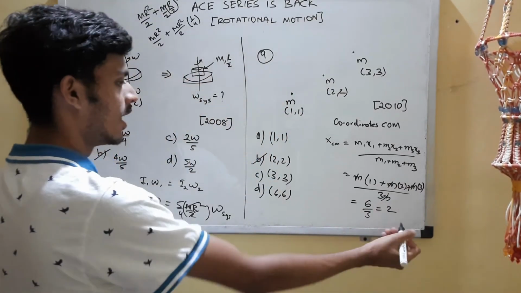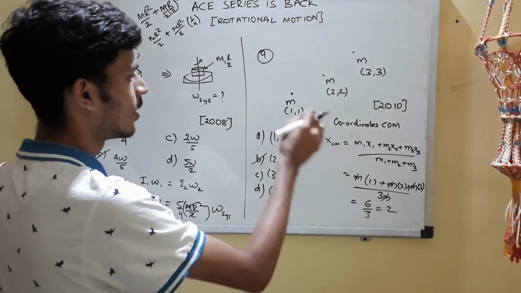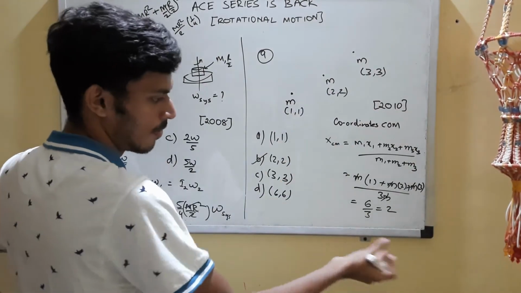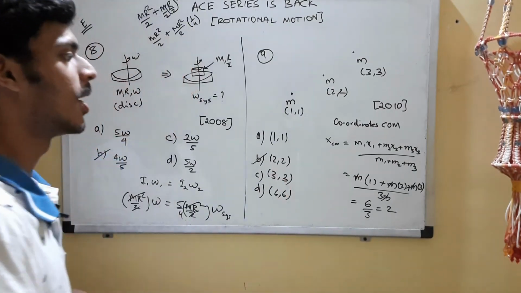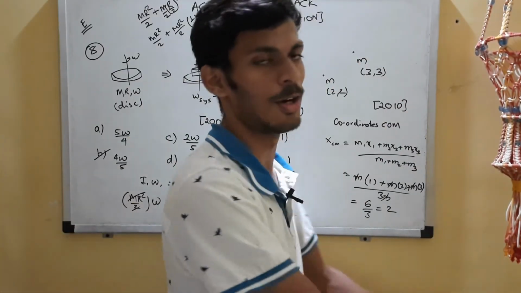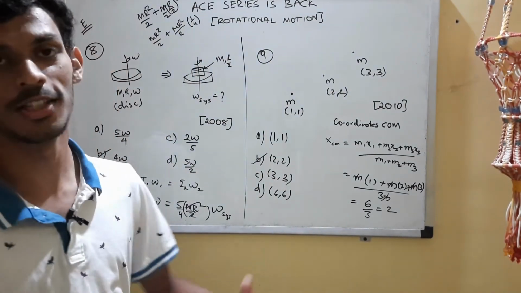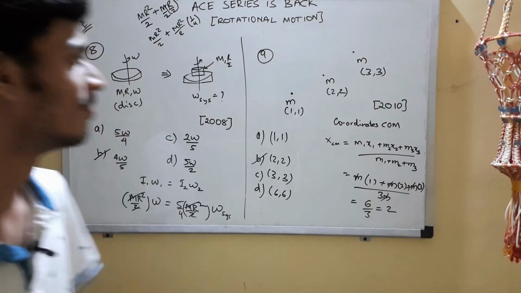So the x coordinate is 2. In a similar way, all the masses are the same and the y coordinate is also the same, so that will also give you 2. So 2, 2, or you can just go by the symmetry. 2, 2 is the correct choice over here. Let's move to the next question now.